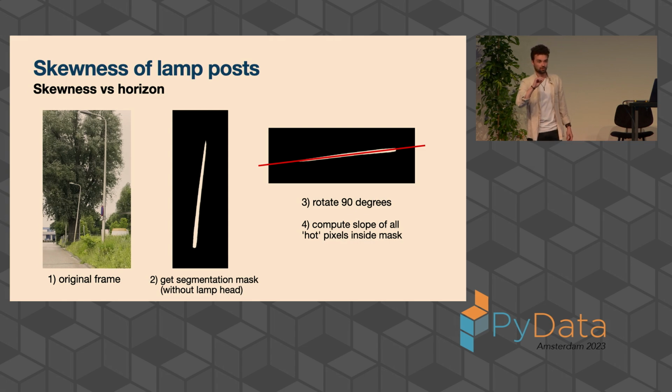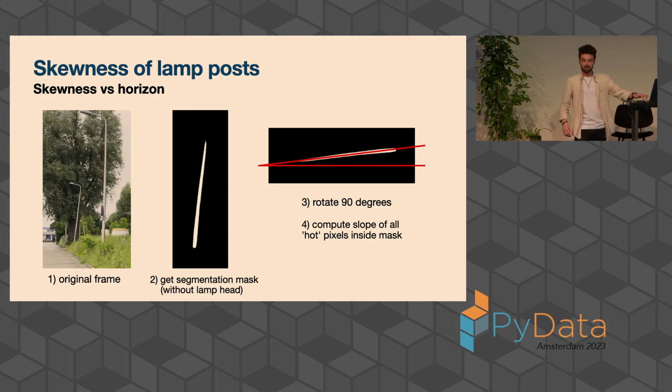Every white pixel is a hot pixel, as we call it, and every black one is a 0. We draw a linear regression through this mask to get the slope of the angle that we see here, and from that, we can calculate the angle compared to the horizon.